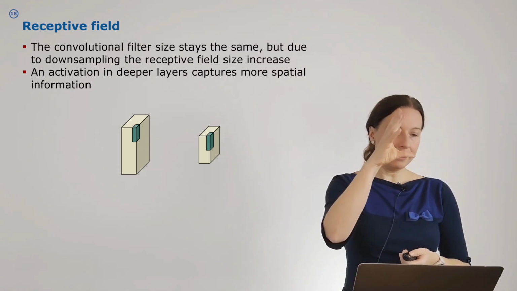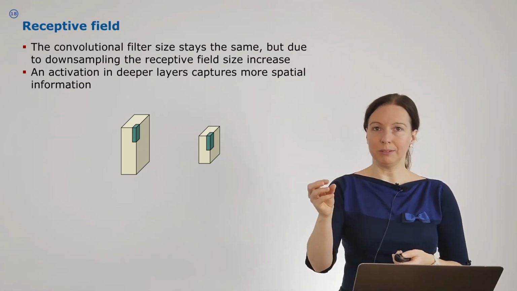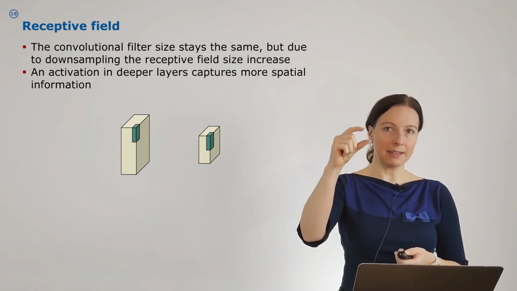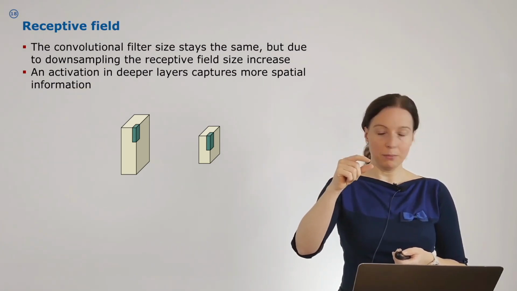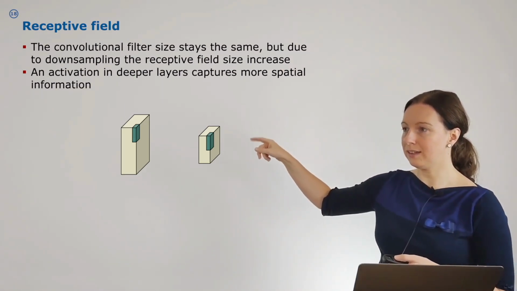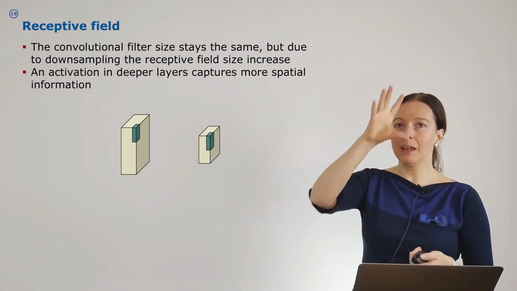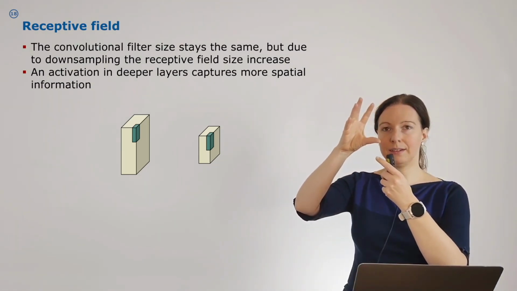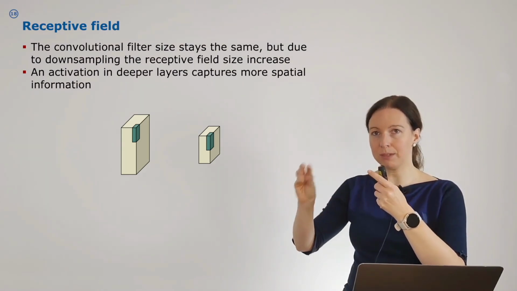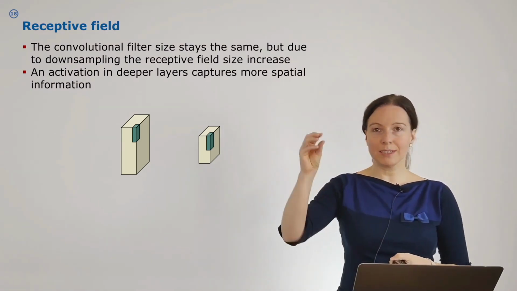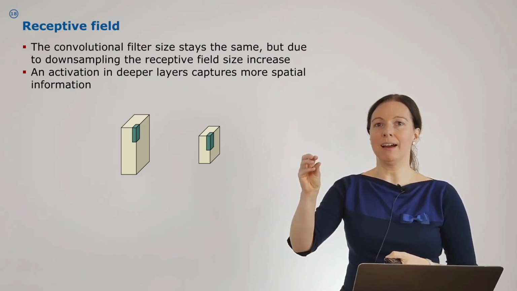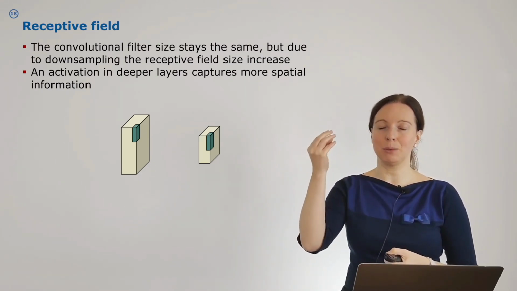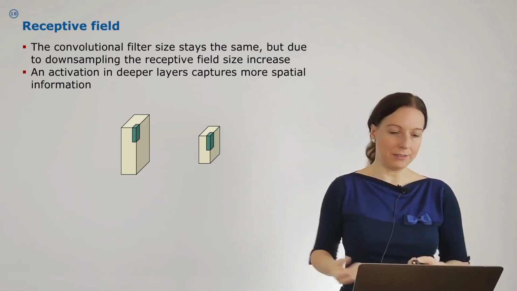That means you downsample, and if the filter size stays the same, which is illustrated here and which is normally the case, but the images and the activation maps are downscaled, the receptive field, that means the area of the image that the filter sees, gets larger.